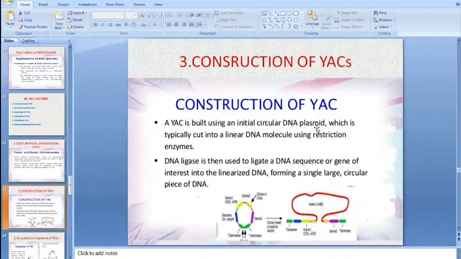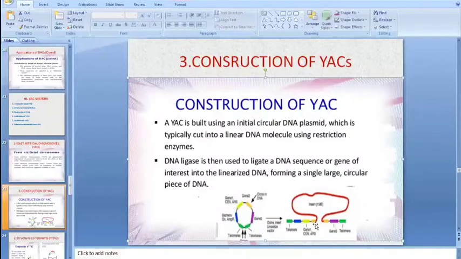This circular DNA can be cut into a linear DNA molecule using a restriction enzyme. Then DNA ligase is another enzyme used to ligate the DNA sequence or gene of interest into the linearized DNA, forming a single large circular piece of DNA. Generally, YAC vectors are linear, but they can be made circular by ligation of foreign DNA into them.